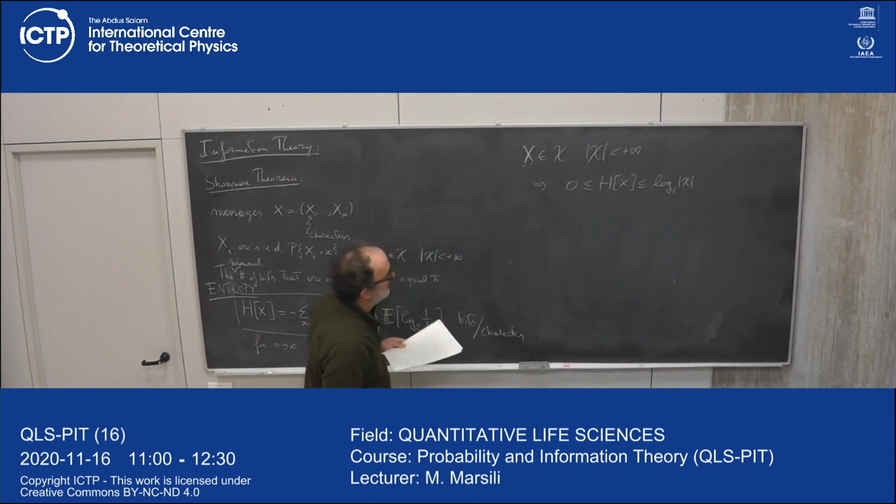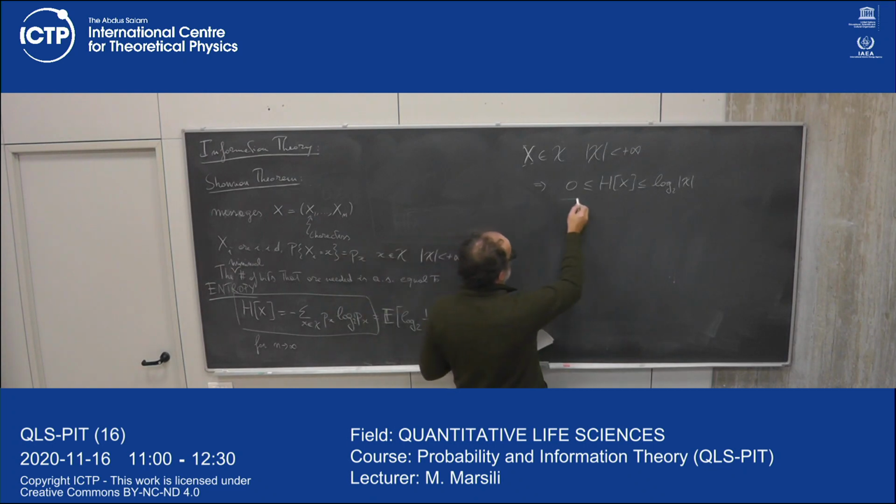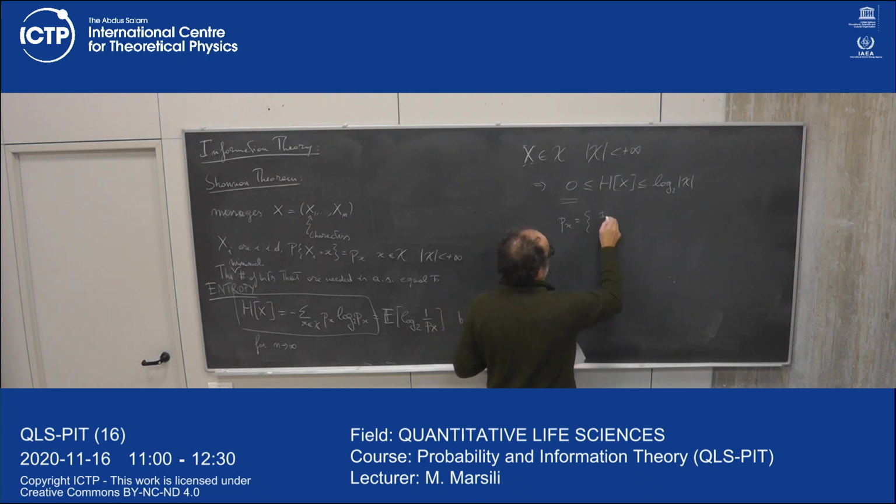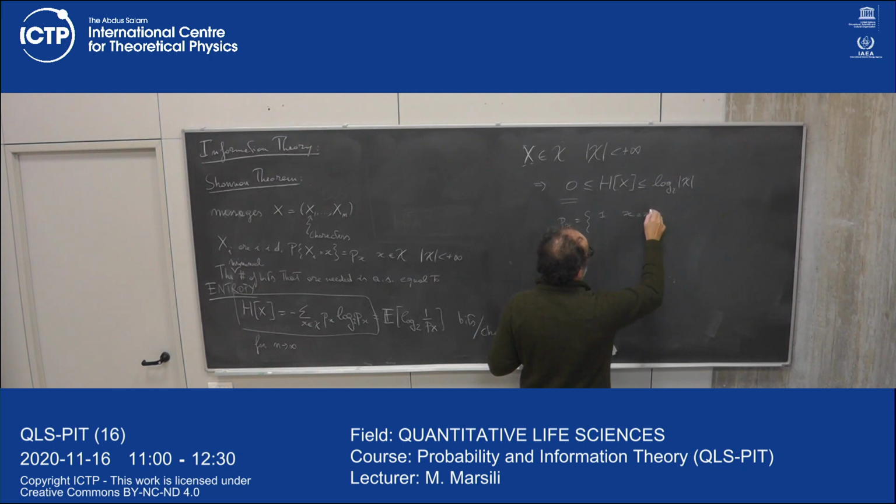Well, this limit corresponds to the situation where p of x is equal to 1 for some particular x star, and is equal to 0 for x different than x star.